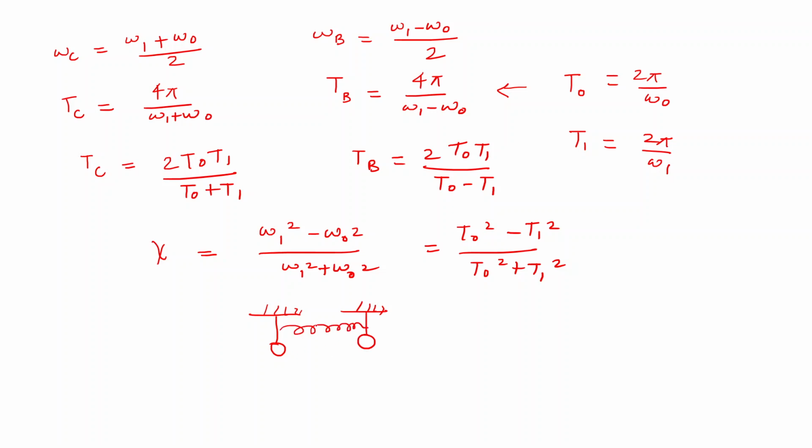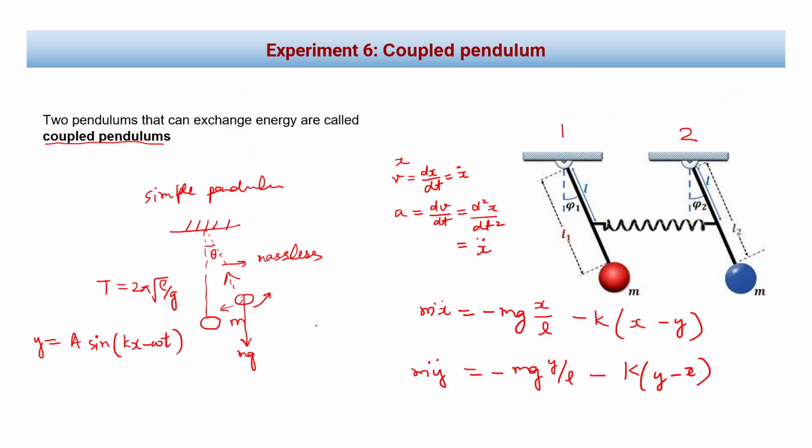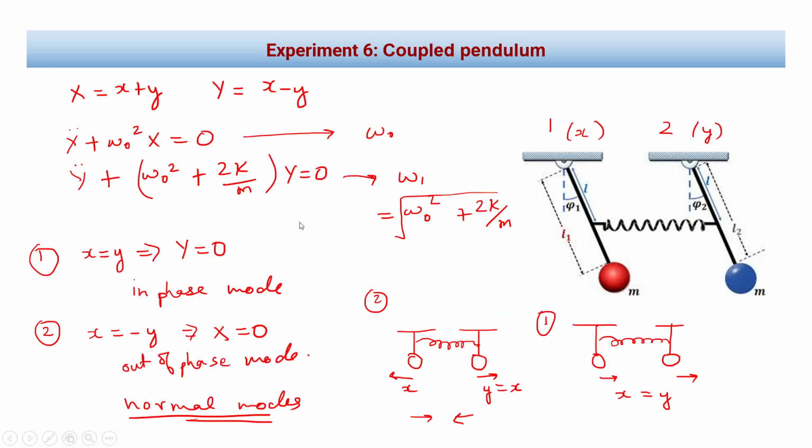In the earlier two cases we discussed, in the first case, the in phase mode, we displace both the pendulums in the same direction by the same amount of displacement, and they are called in phase mode, right? And here the equation is just simple harmonic motion, they keep on oscillating like a simple pendulum.